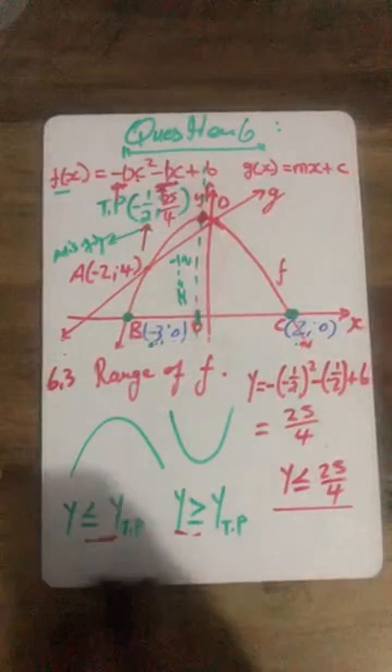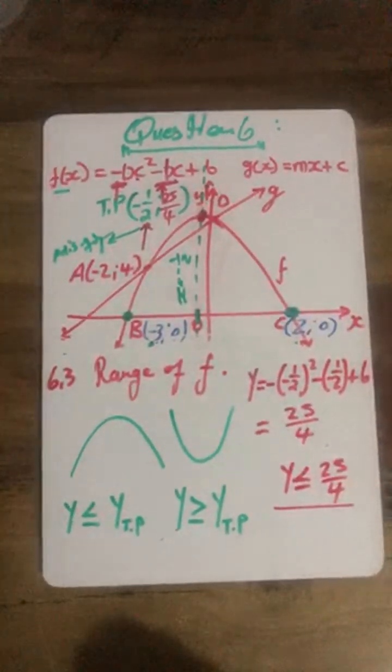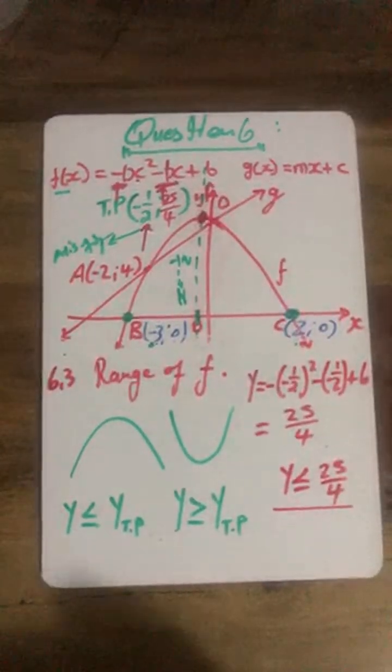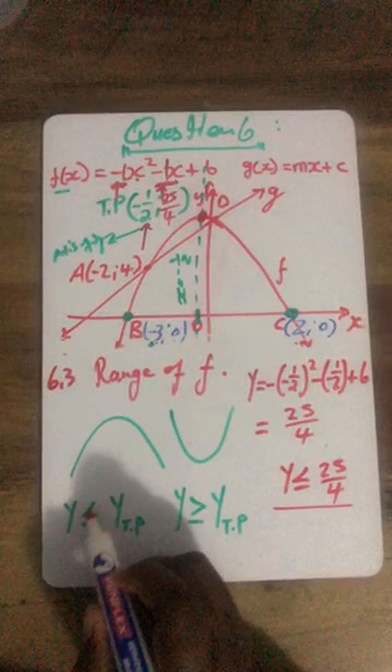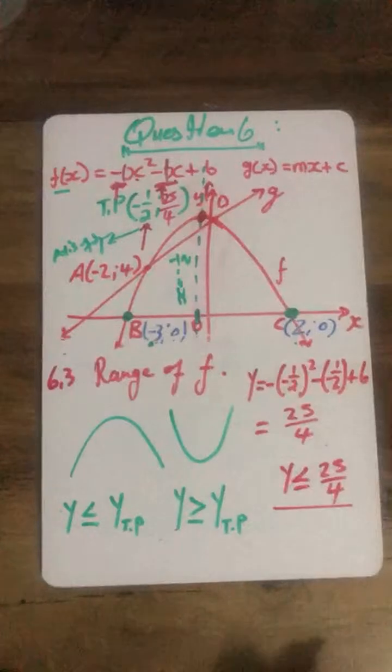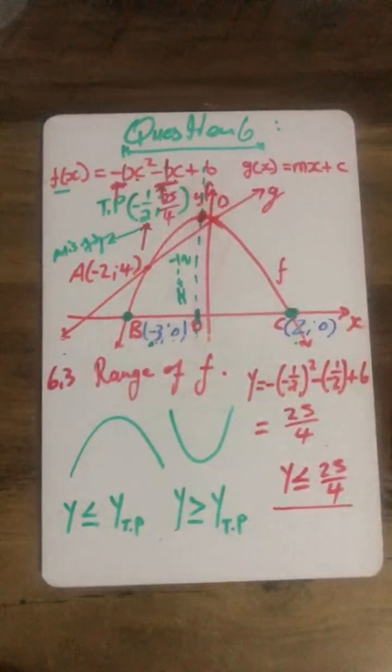You just know if it is smiling, it will always be y greater than or equal to the y value of the turning point. If it's a sad shape, it will always be y less than or equal to the y value of the turning point. That's it. And you're done. So, yes, it is possible as long as you can get it right without making some mistakes.